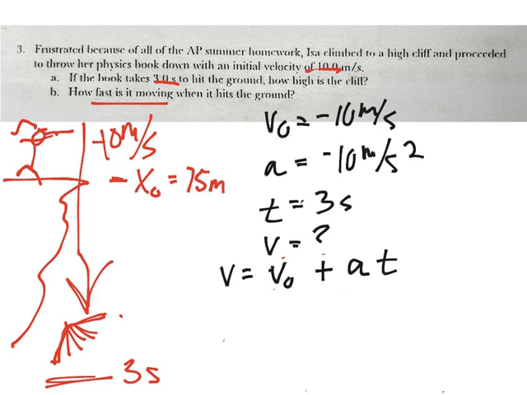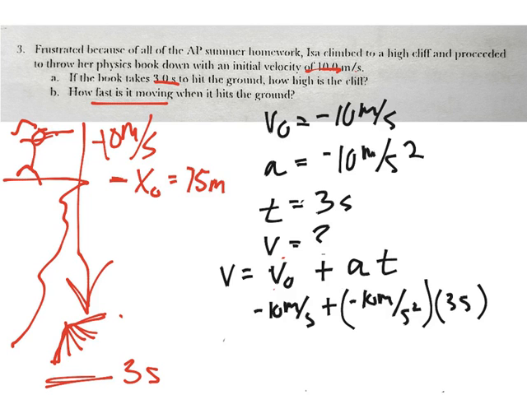So again, you just need to plug your numbers in for this one. So you get negative 10 meters per second plus a negative 10 meters per second squared times that 3 seconds it took to get there. Your seconds cross out, at least one of them does.